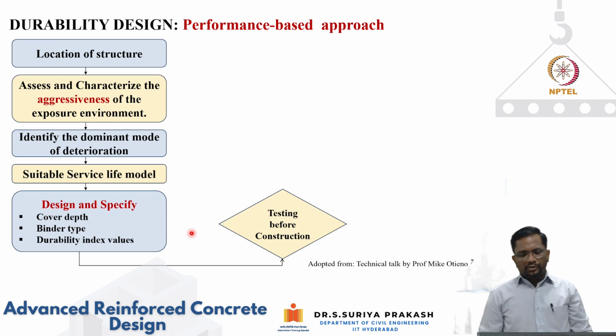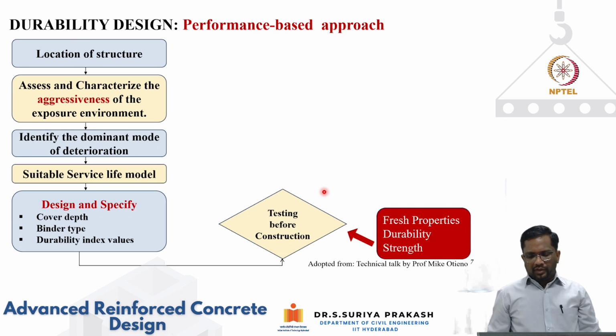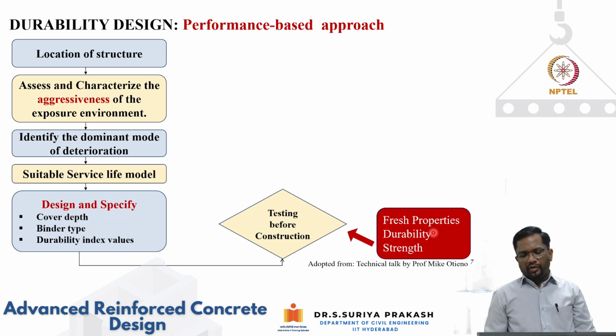Now, usually before we do the construction, of course, the concrete mix design and samples have to be tested in the lab. So we have to do that. What are the properties that we control for? Fresh properties: the concrete should be workable, and it should also satisfy the durability index values that are specified by the code.